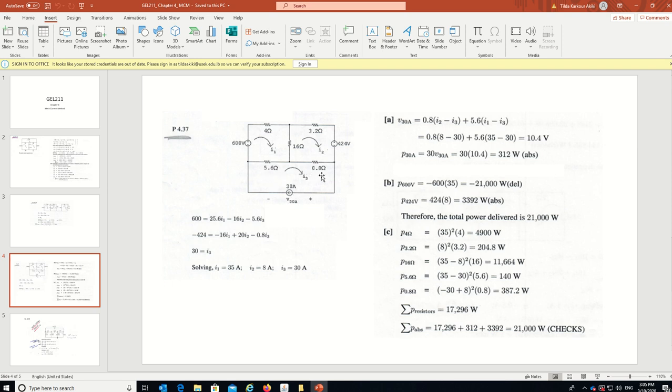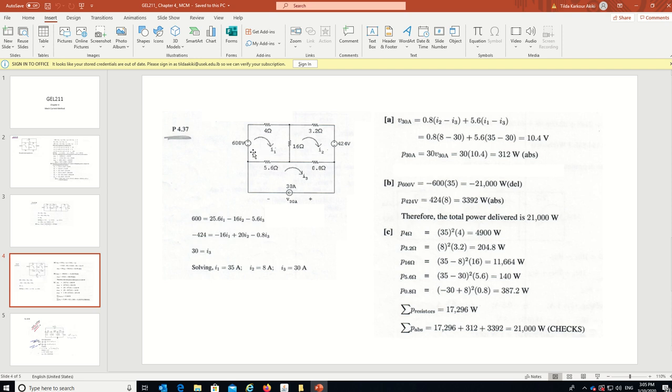You can write 0.8 times I3 minus I2 plus V30 plus 5.6 times I3 minus I1 equals 0, and you will get V30 equals 10.4. And the current I3 is entering the positive terminal, so it is plus V times I.